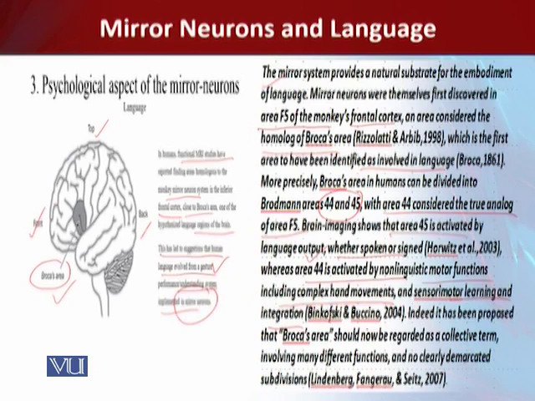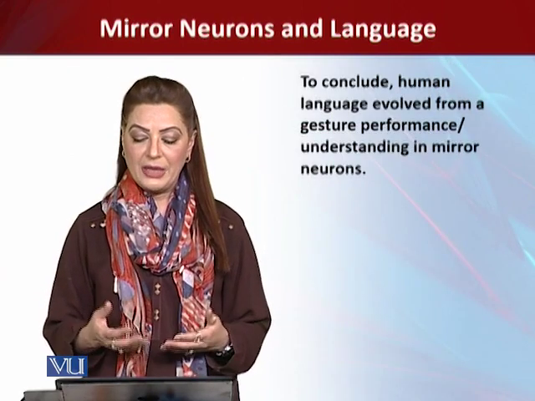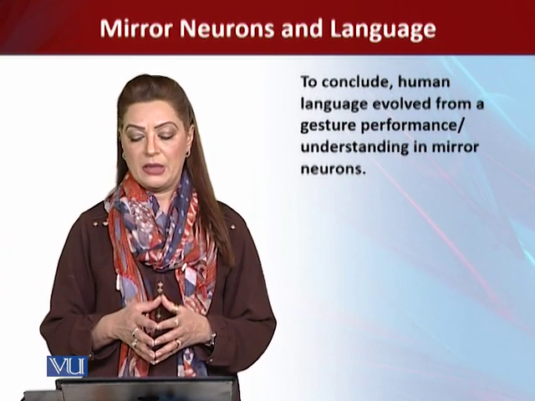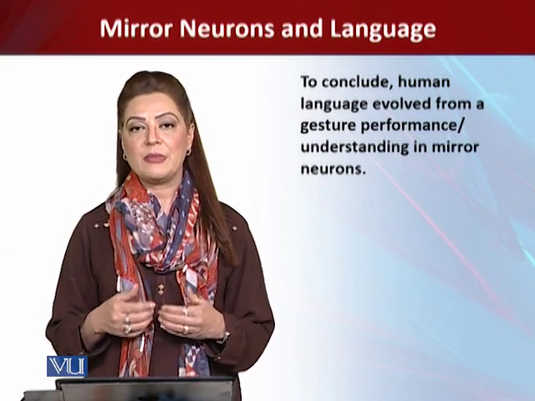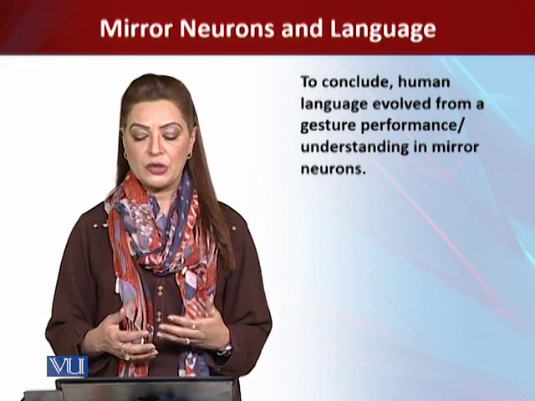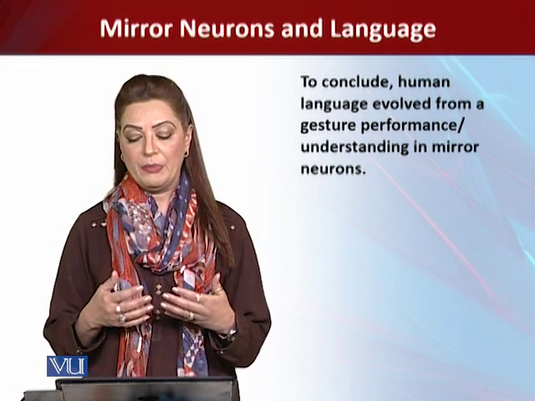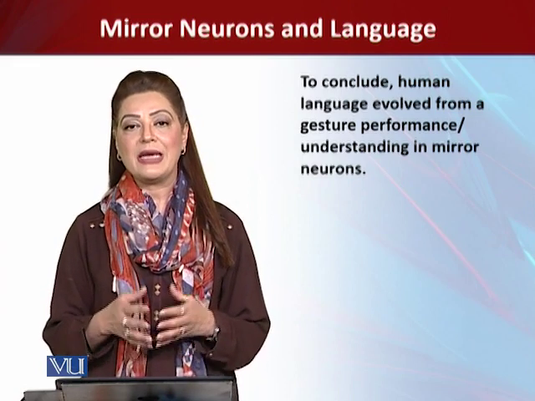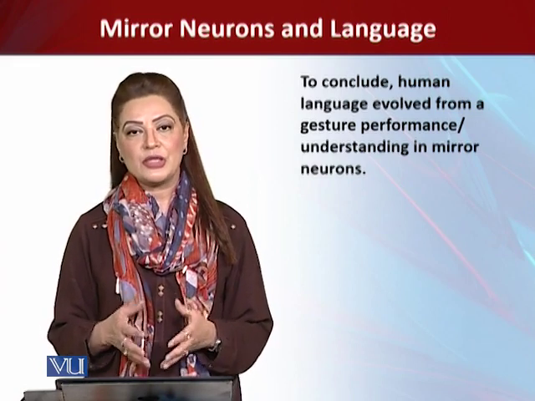Indeed, it has been proposed that Broca's area should now be regarded as a collective term involving many different functions and no clearly demarcated subdivisions. To conclude, according to this study, human language evolved from gesture performance, with the help of mirror neurons contributing to the understanding of gesture performance.